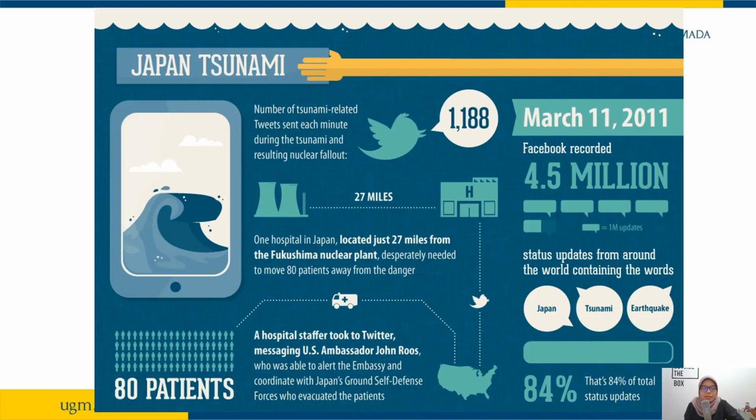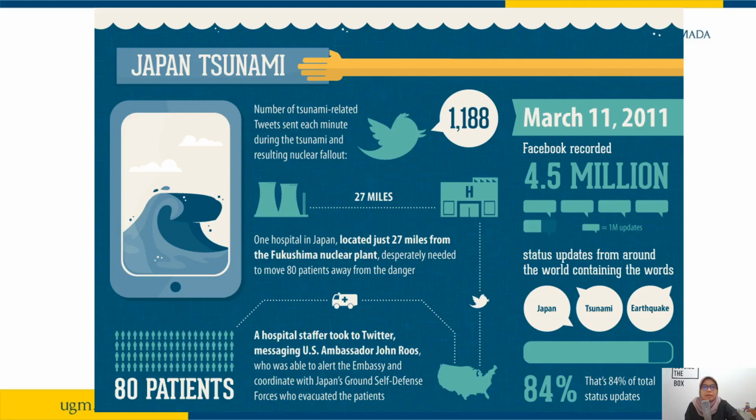Probably because the communication infrastructure was not available at that time, a hospital staff member took to Twitter, messaging U.S. Ambassador John Roos, who was able to alert the embassy and coordinate with Japan's Ground Self-Defense Forces, who evacuated the patients.